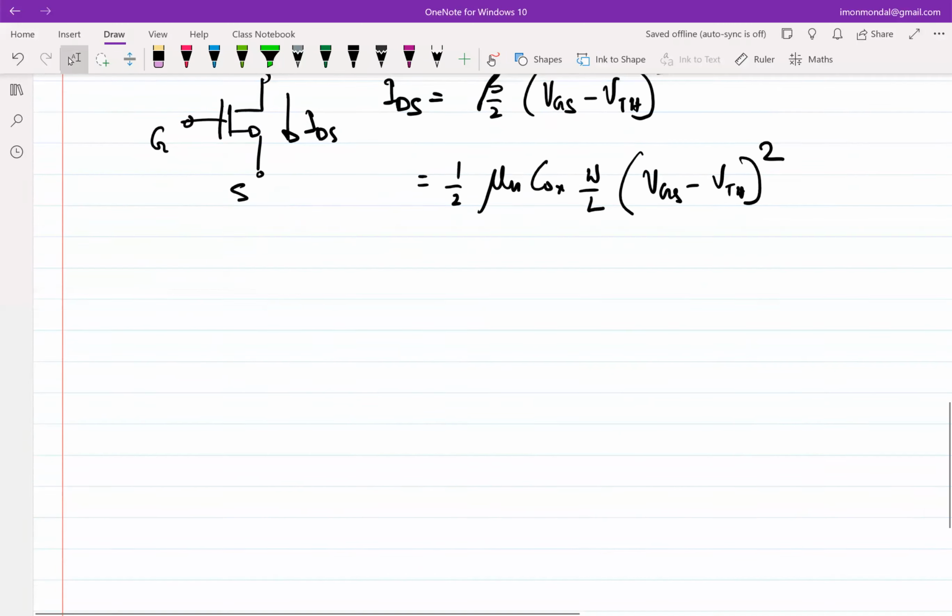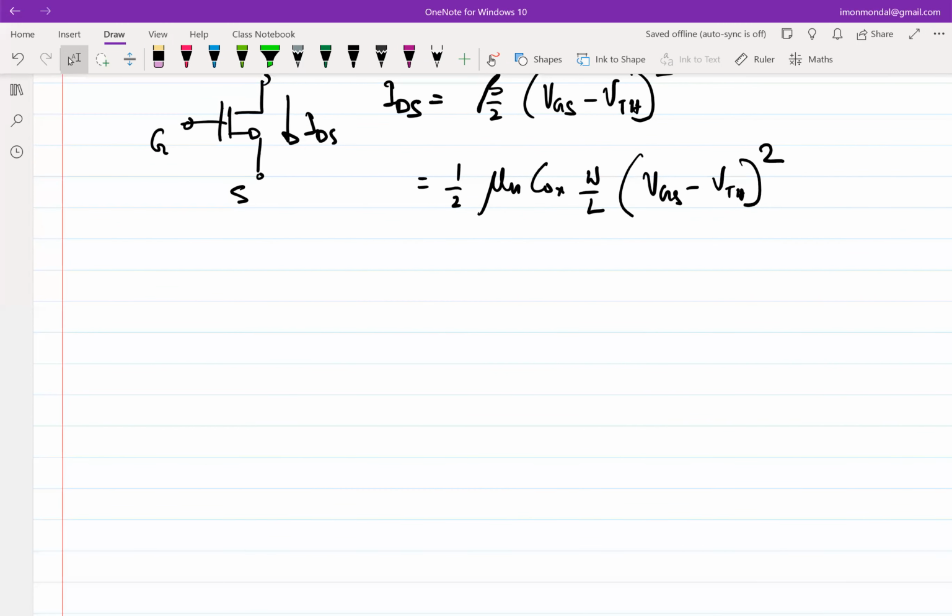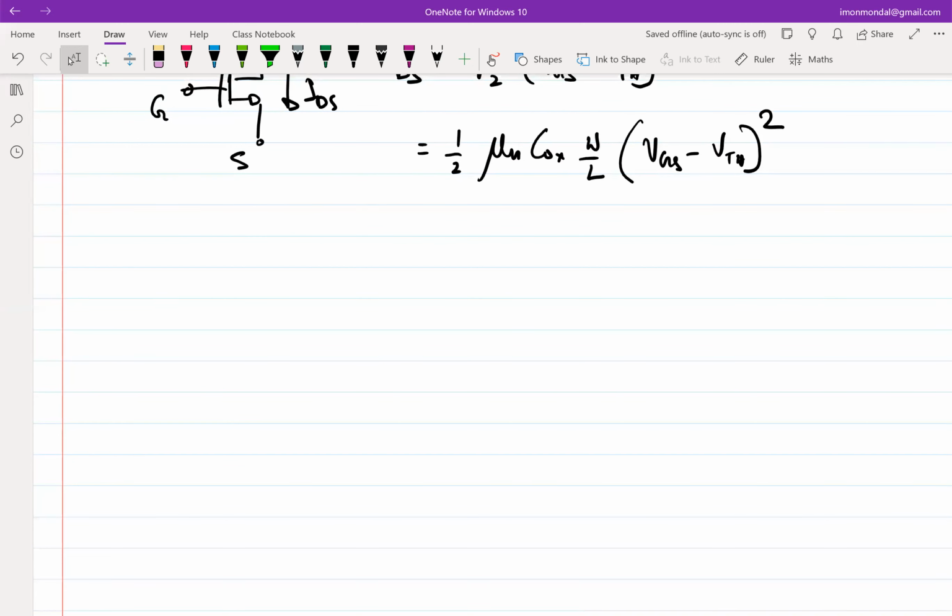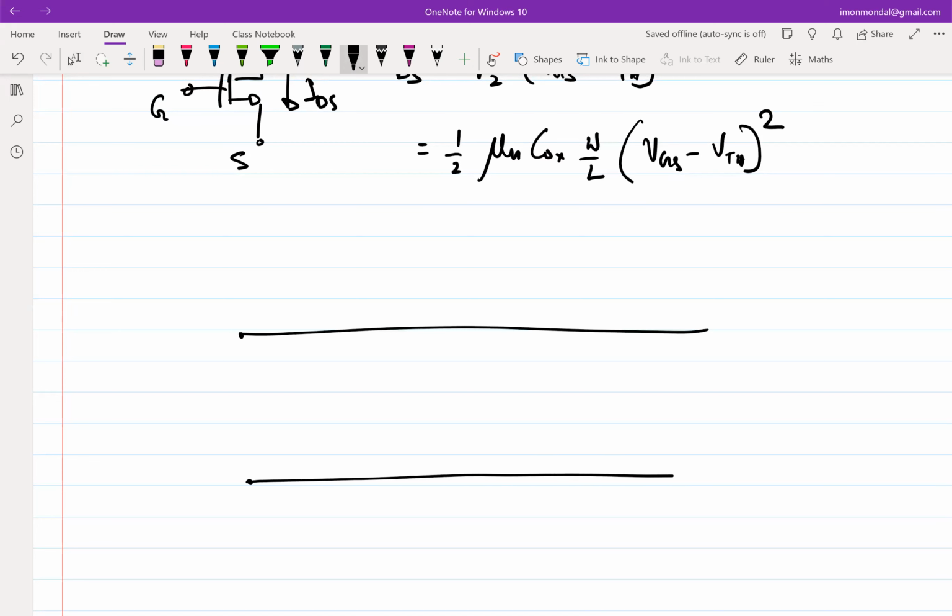Let me sketch the cross section of a MOSFET, and let's define these terms once for the sake of completion. So let's say you have a p-type substrate, and you put an oxide on top of it. So this is the dielectric, an oxide, and then you put a thin layer of metal on top of it.